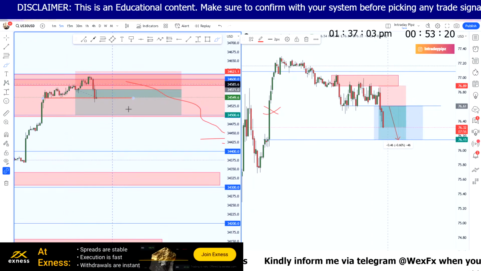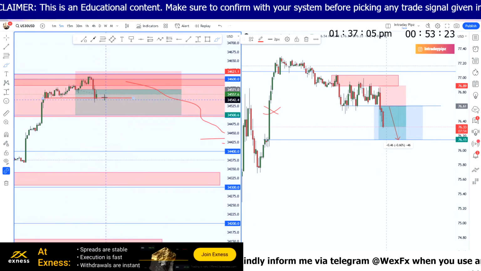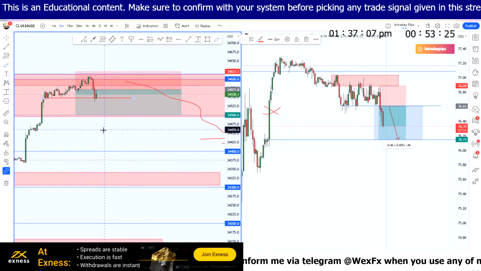So look at how price is reacting to that level right there on the 5 minutes time frame.